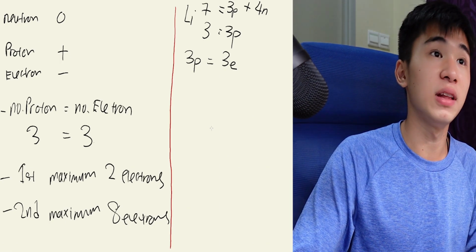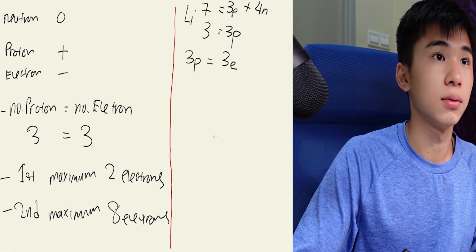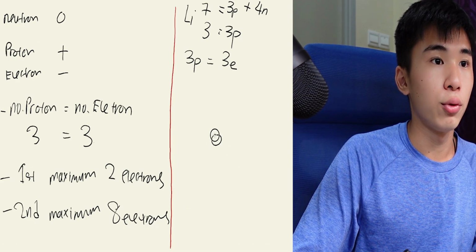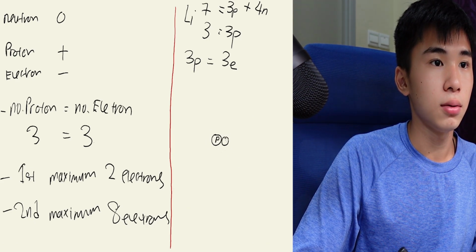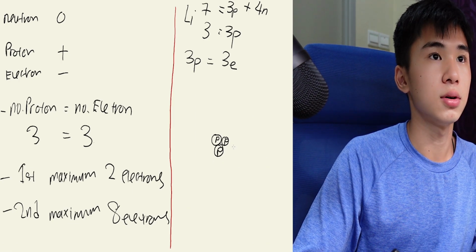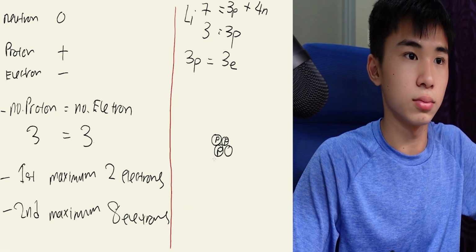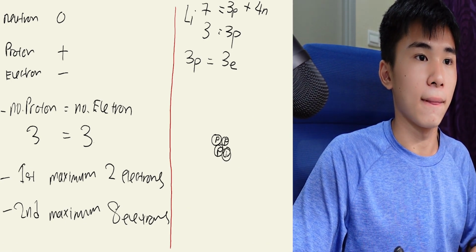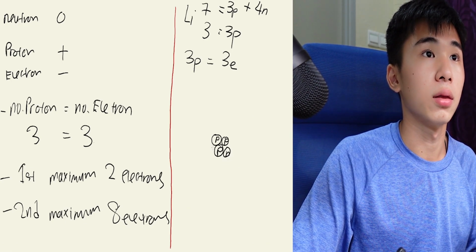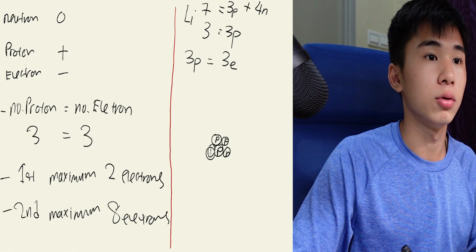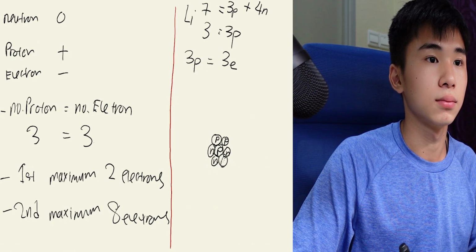So the atom of lithium looks like this: 3 protons, P, and 4 neutrons, right?